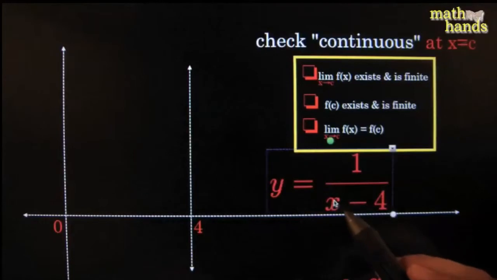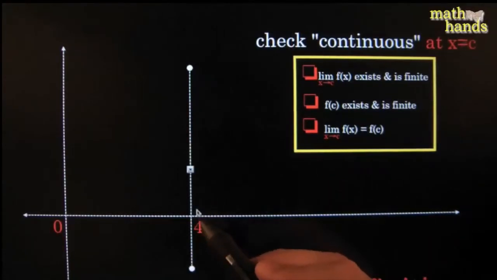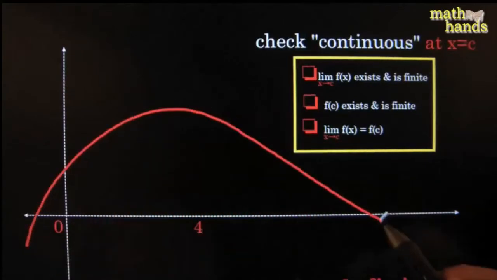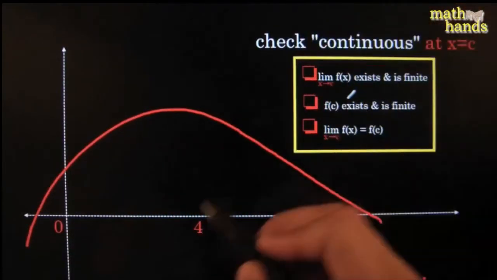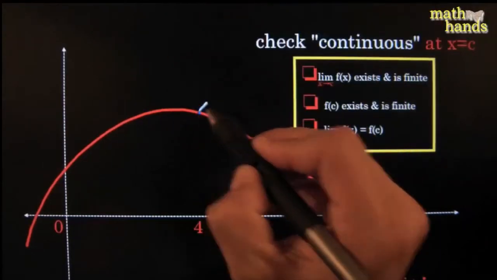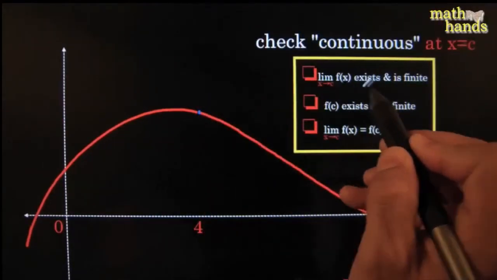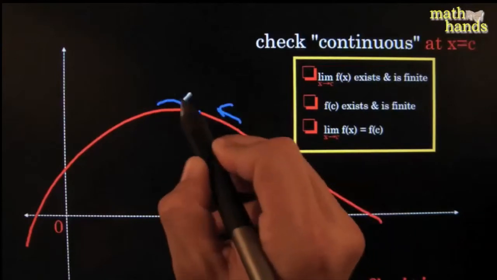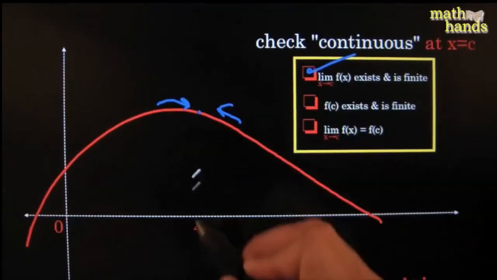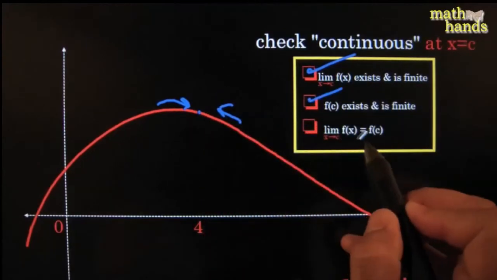The genius in the definition is that it makes that language tight. It is based on limits and things that you can verify mathematically. The limit exists, check. The function is defined, check. But they're not equal to each other. That's a fancy way of saying that you'd have to lift your pencil to do that. That's the genius of the definition.